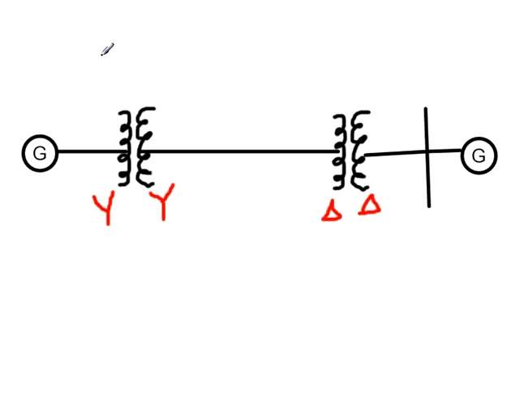So there is no change. Whatever the primary has, the secondary also follows the same shift. But if there is a star delta, primary is star and secondary is delta, or if primary is delta and secondary is star, then what is my phase shift?